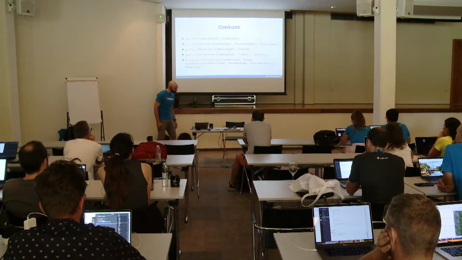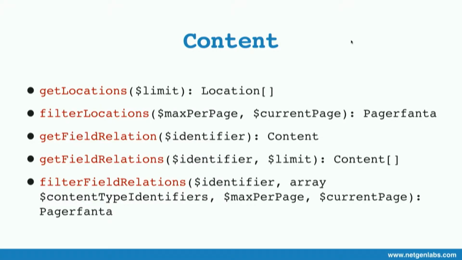And we also introduced some new methods on content. So you could get to the content's locations with the limit parameter. You could filter them, which was returning the pager Fanta instance. And same for the relations. You could either get one relation by the identifier or more relations with the limit parameter, and you could also filter them by the content type identifier, returning a pager Fanta instance.